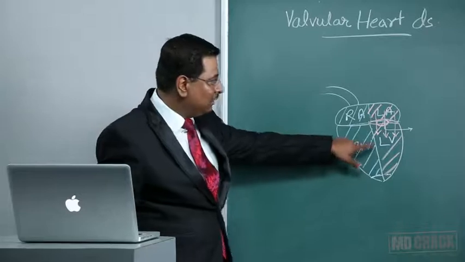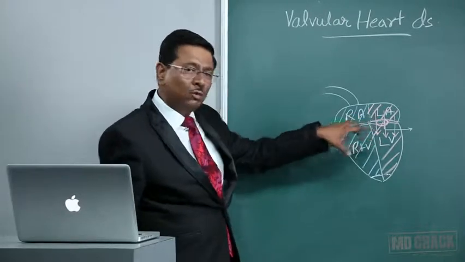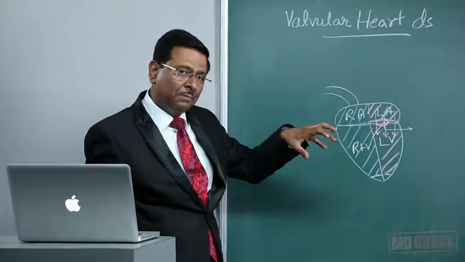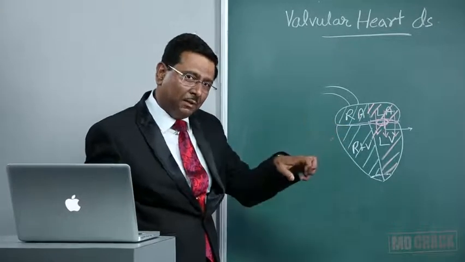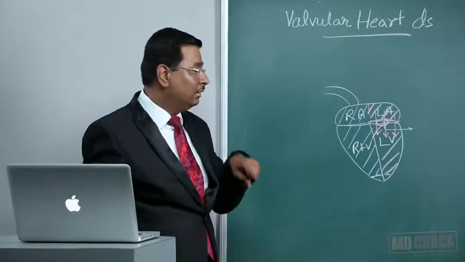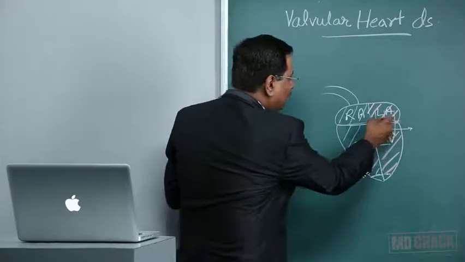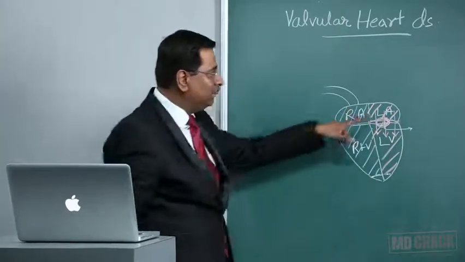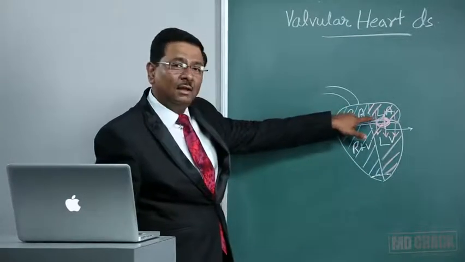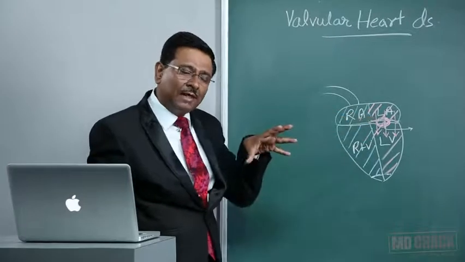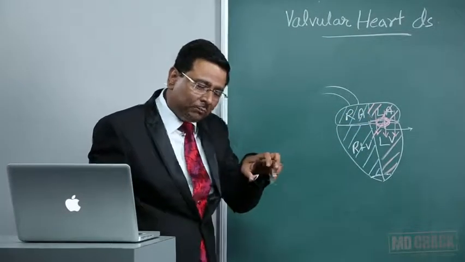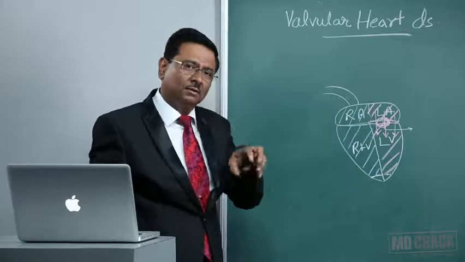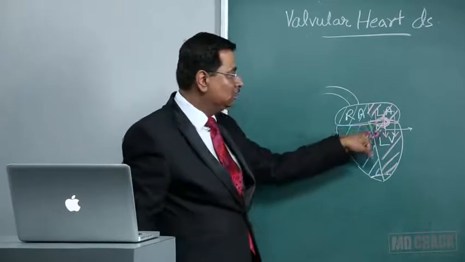Because of which left atrium has to work more to pump blood into the respective chamber, that is the left ventricle. So during long-standing mitral stenosis, ultimately there is hypertrophy of the left atrium, because left atrium has to generate more pressure to pump blood across a stenosed valve.